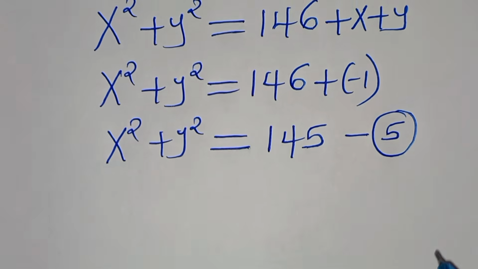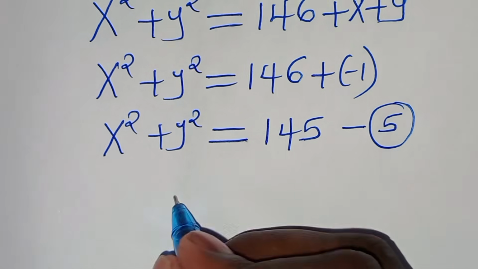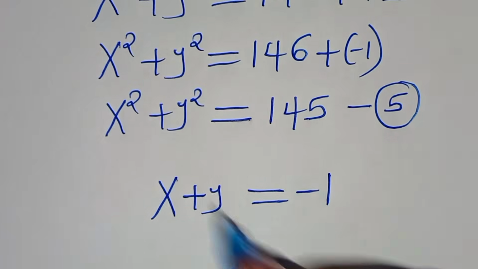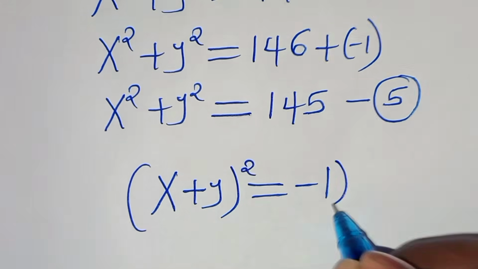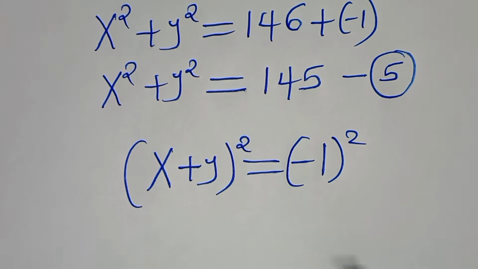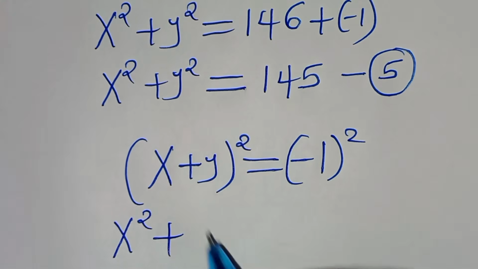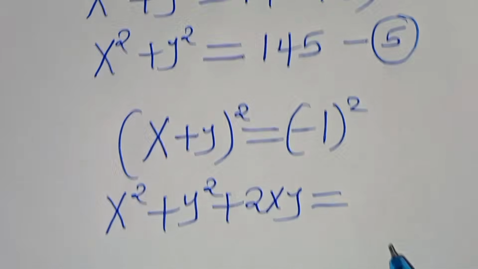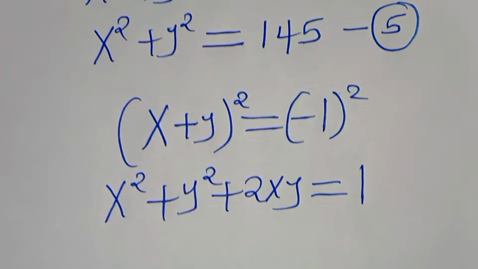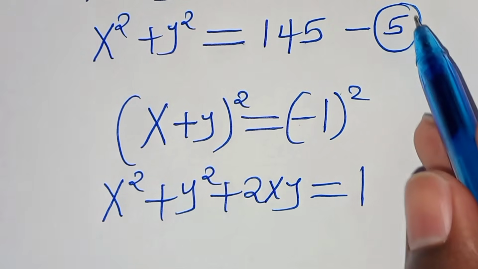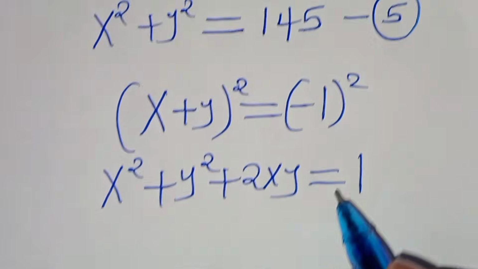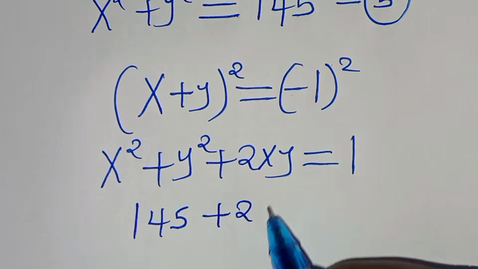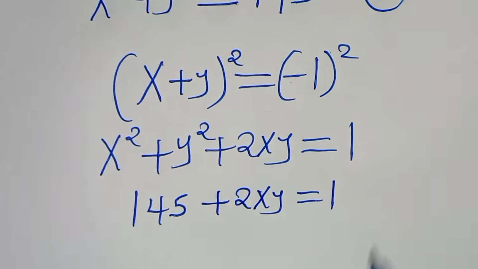Okay. The next step is that from equation 4, x plus y is equal to minus 1. Let's square both sides, so that we have x to the power of 2 plus y to the power of 2 plus 2xy equal to minus 1 squared, which is 1. X squared plus y squared is equation 5, which is 145. So let's substitute 145 here, then plus 2xy is equal to 1.